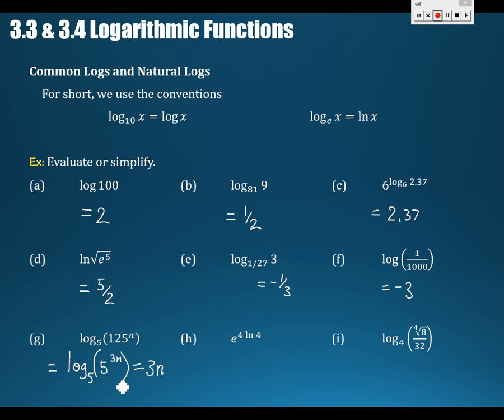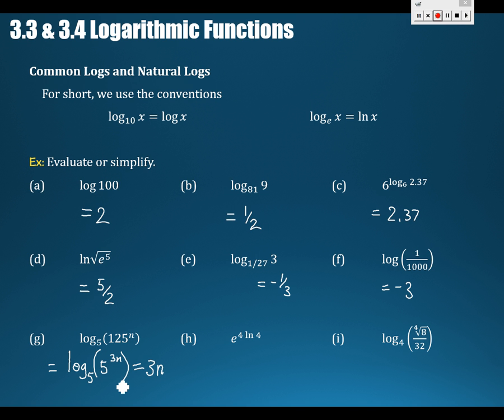That suggests an interesting technique: if you can keep rewriting the argument of your log until you have the base raised to a power, then you're basically done. It's just the exponent you have. That might be helpful, especially as we think about I.